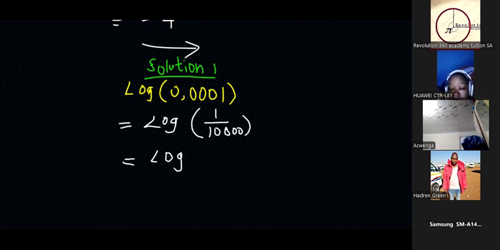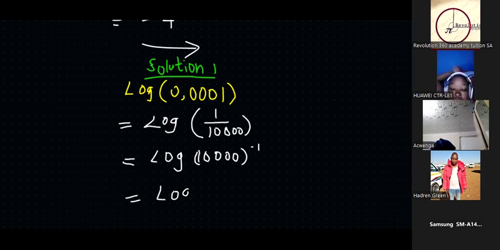That is going to be what? 10,000 to the exponent of -1. To the exponent of -4. And then that will be log.